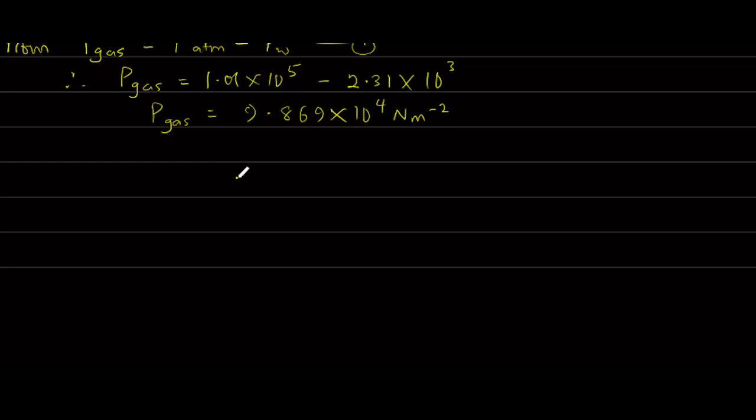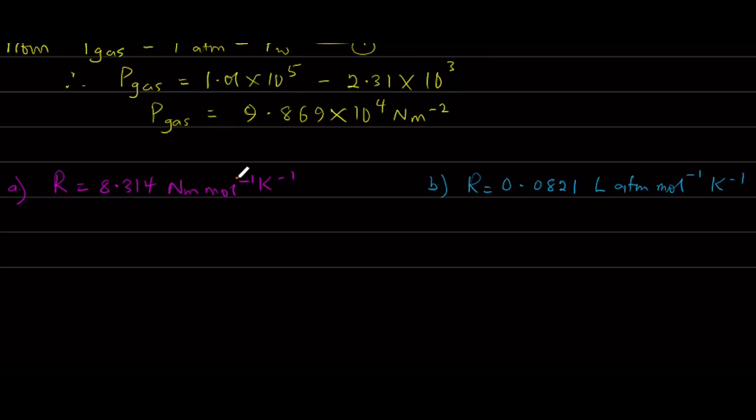Now let's quickly talk about the value of R, because we are going to make use of R. There are two major values that we use for R. A, we have R equals 8.314 Newton meter, which is also known as Joule per mole per Kelvin, and B, R equals 0.0821 liter or dm cube atm per mole per Kelvin. So these are the two values of R.